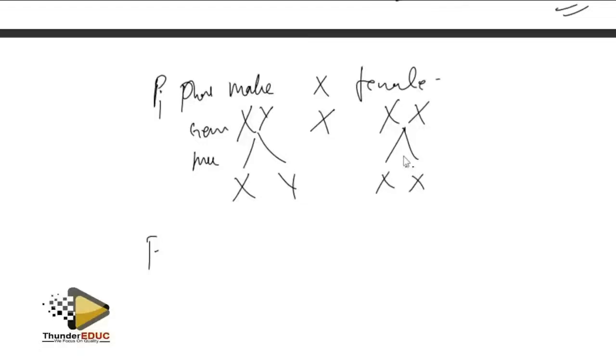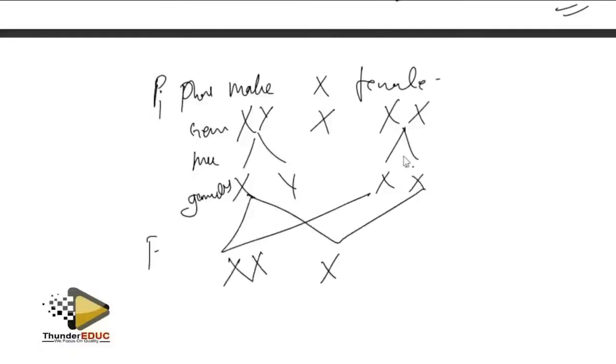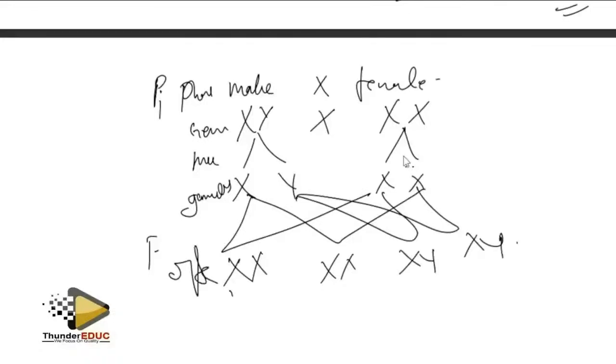They cross, this and this cross Y, and this and this cross like that. So these are the offspring, meaning that you have 50% chance of having boys and 50% chance of having girls.